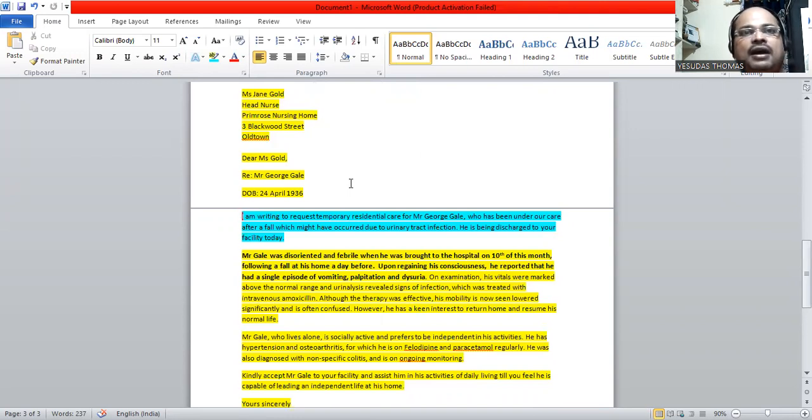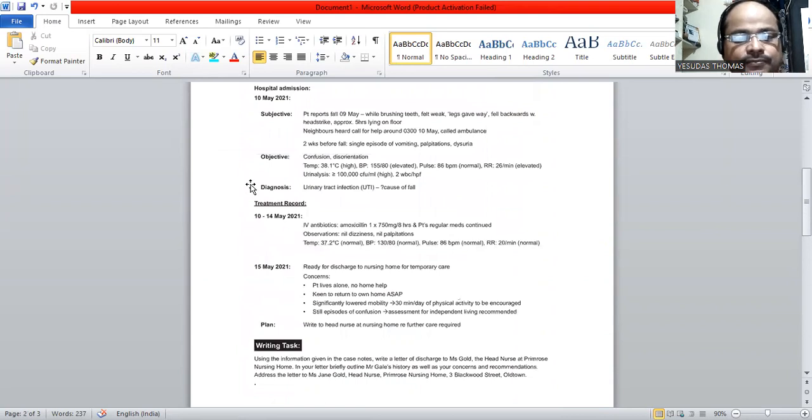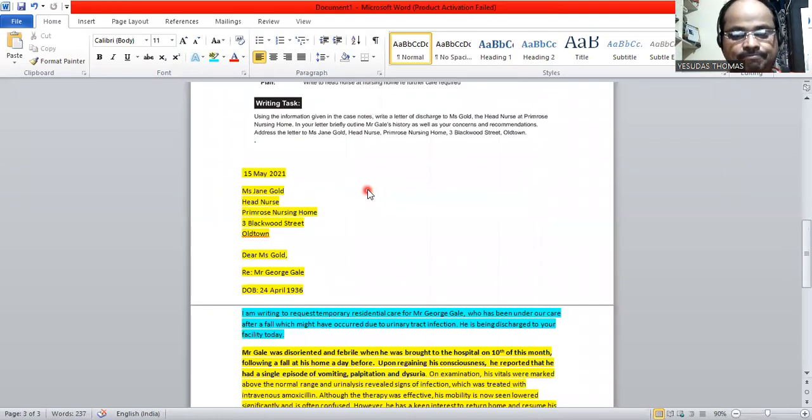He fell, and the probable reason may be urinary tract infection. And that's what is given in the question. You can see here as the diagnosis, urinary tract infection, query cause of fall, it may be the reason for the fall. And that's what we have discussed in the purpose.